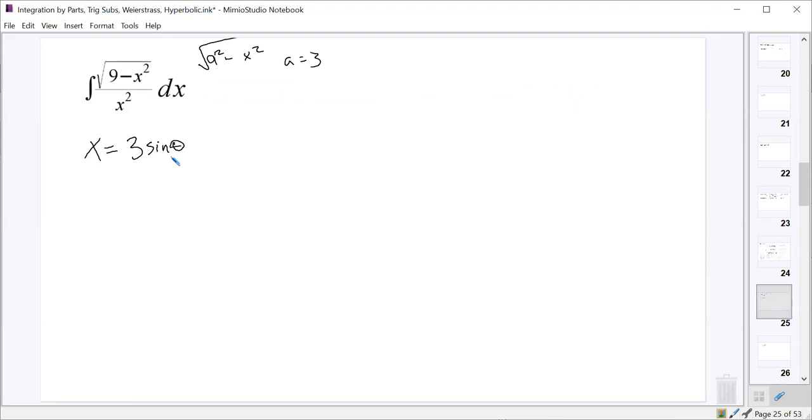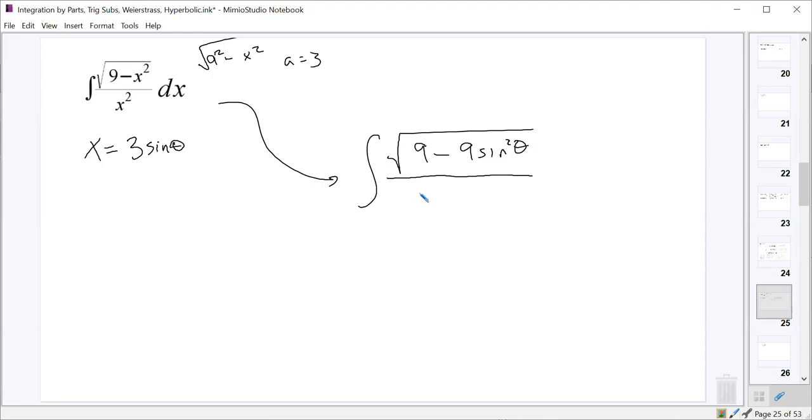Okay. So then we'll just plug that in. Everywhere we see an x, we will replace it with 3 sine theta. So we'll have an integral of the square root of 9 minus, what's x squared? It should be 9 sine squared theta. And then all over x squared, which is 9 sine squared theta.